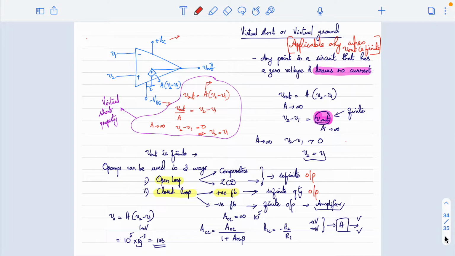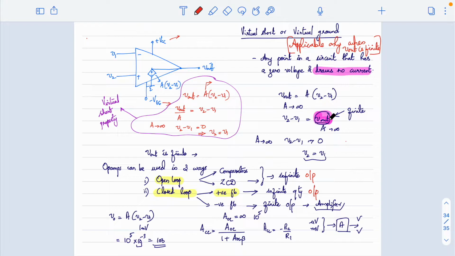Now the property of virtual ground or virtual short is applicable only when we use an op-amp in a negative feedback configuration. The reason is that I can always write V out as A into (V2 minus V1), and when A tends to infinity, the difference voltage V2 minus V1 will tend to 0 only when V out is finite. And V out is finite only when you use an op-amp in a negative feedback mode.